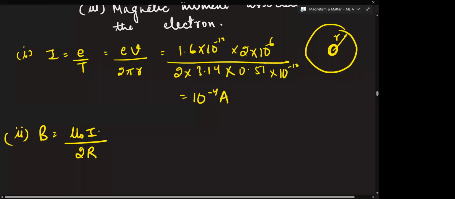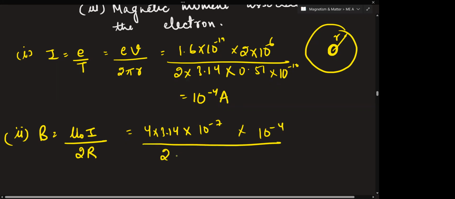So mu naught is 4 pi into 10 to the power minus 7, current from the first part is 10 to the power minus 4, 2 into radius, 0.51 into 10 to the power minus 10. Once you solve this, you will get 1.23 Tesla.